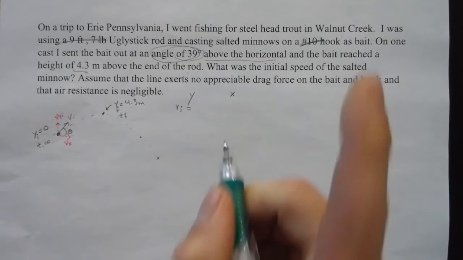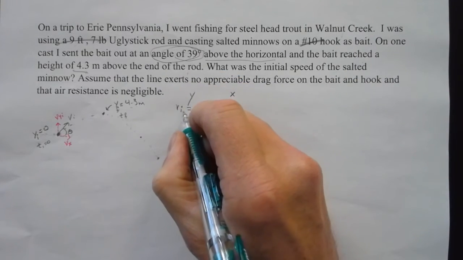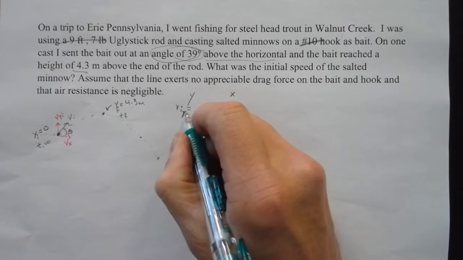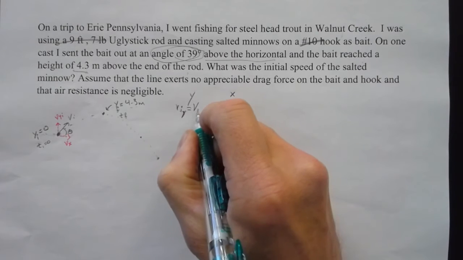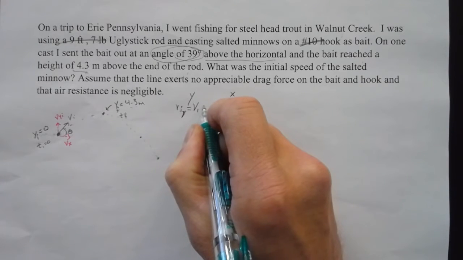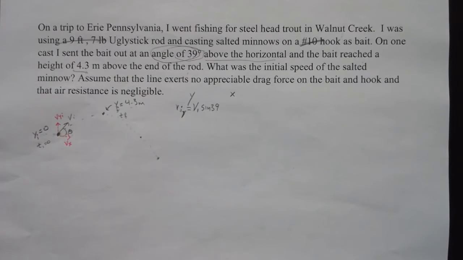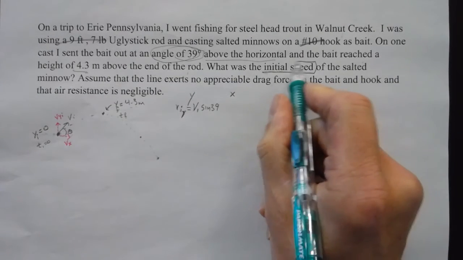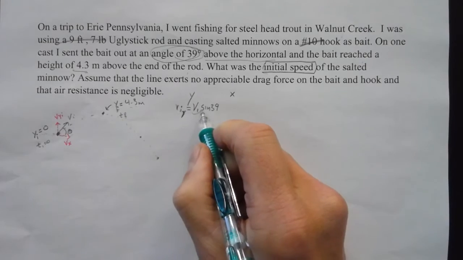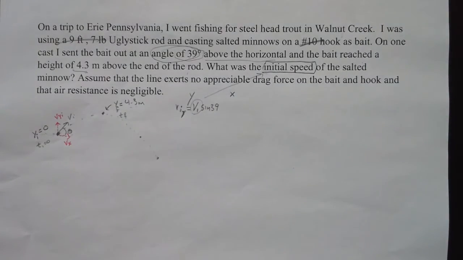But I do know something. I know the angle's 39. I know that the initial velocity in the y direction is going to be the initial velocity times the sine of 39. I know that. As a matter of fact, that initial speed, that is this number. That number is the initial speed.